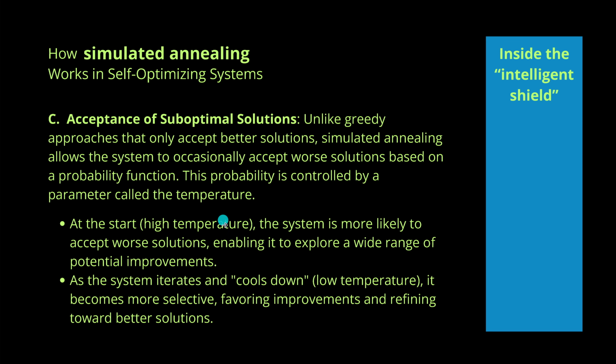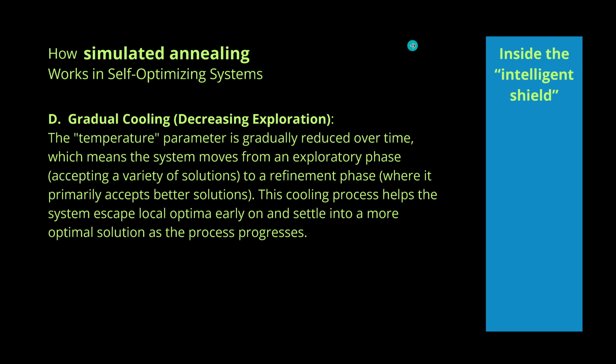And as the system iterates and cools down with a lower temperature rating, it becomes more selective, more precise, favoring improvements and refining towards a better code solution. This is the process of simulated annealing for my green grasshoppers.